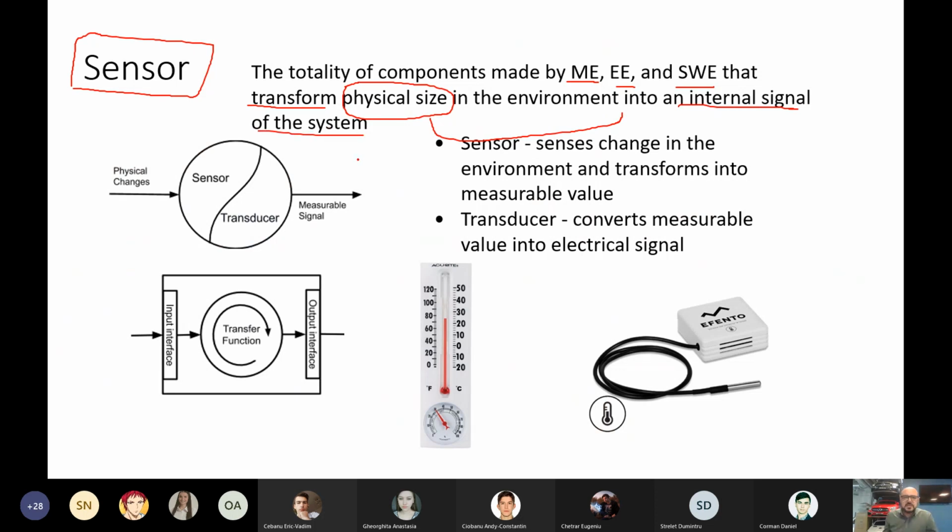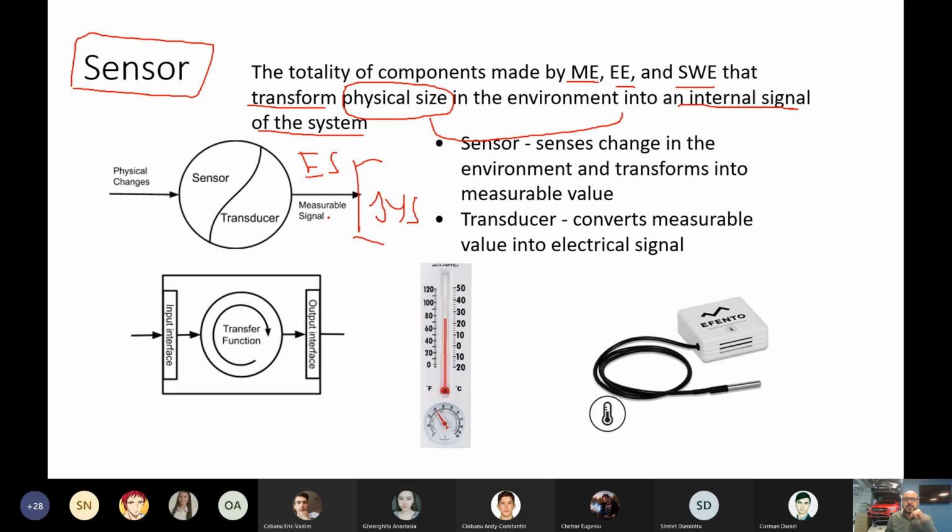What the internal signal is depends on the system. We can have only mechanical components, but we can also have sensors that provide us an electrical signal.